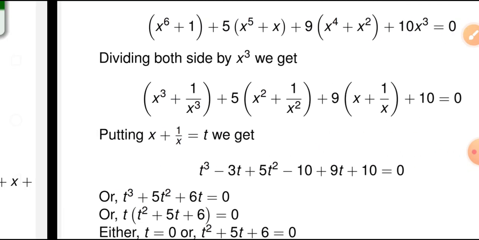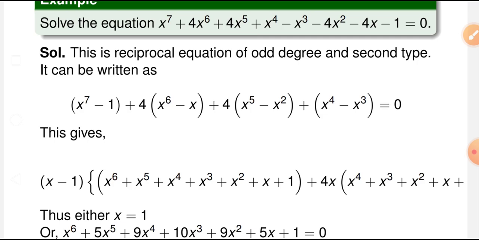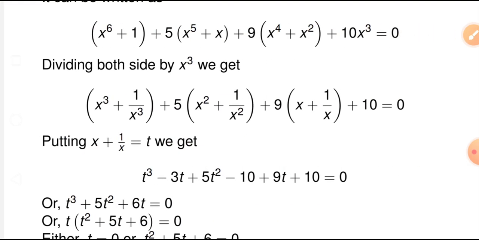Now again we can combine two terms and we get x power 6 plus 1, plus 5 into x power 5 plus x, plus 9 into x power 4 plus x square, plus 10 x power 3 equal to 0.